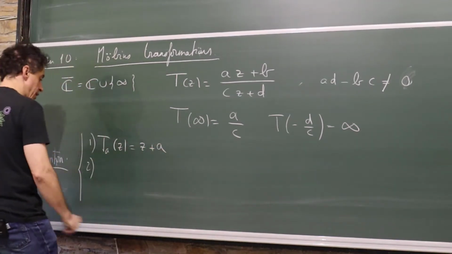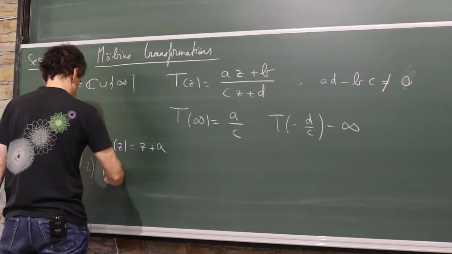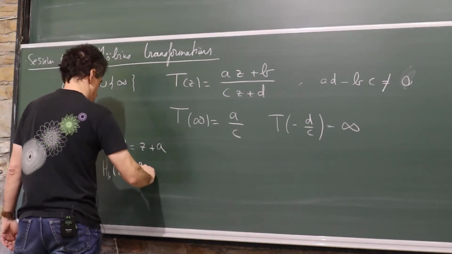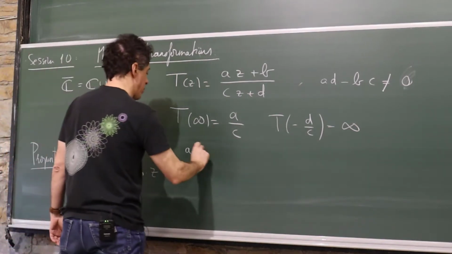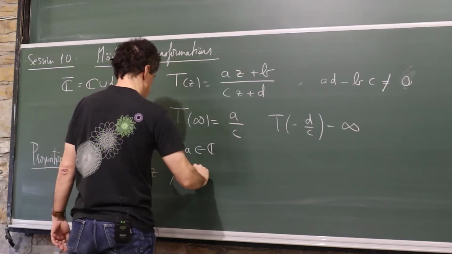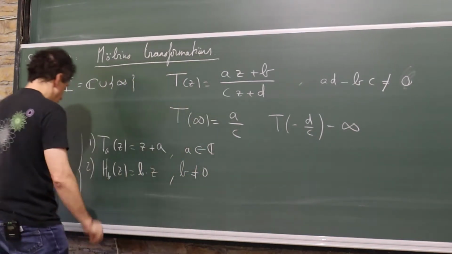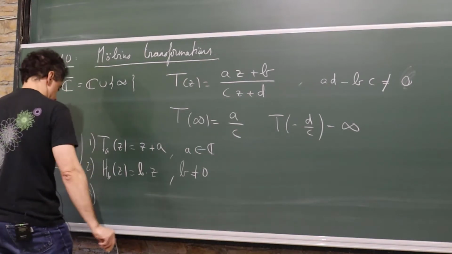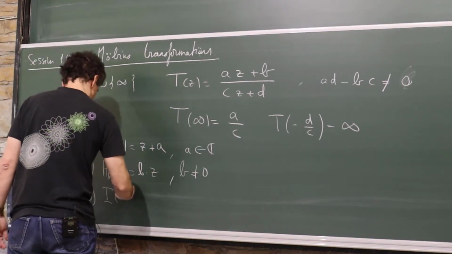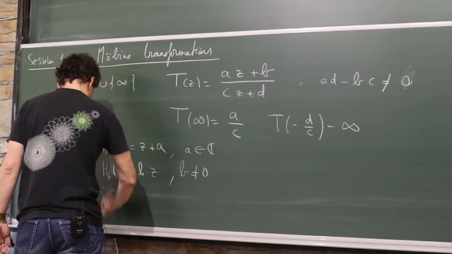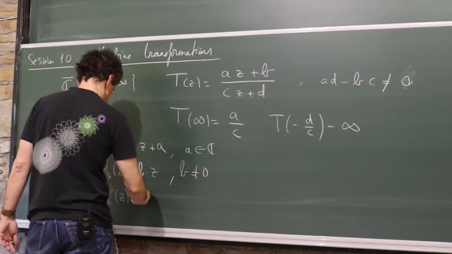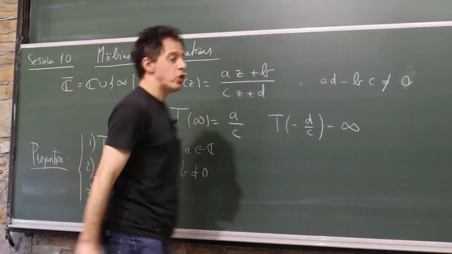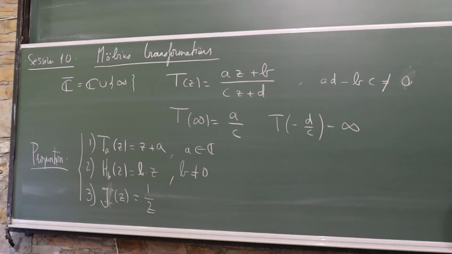Second, we have homotheties, where A is a complex number and B is different from zero. And third, the inversion, which I called J yesterday, 1 over Z. So with these three maps, you can generate any Möbius transformation.